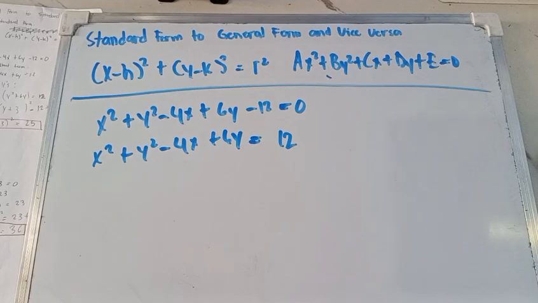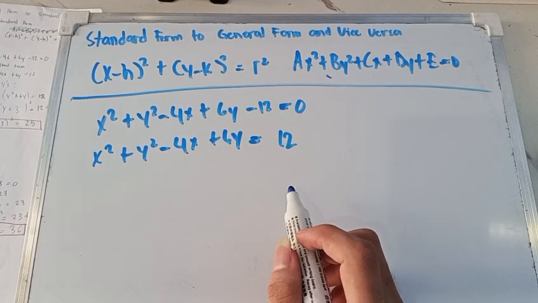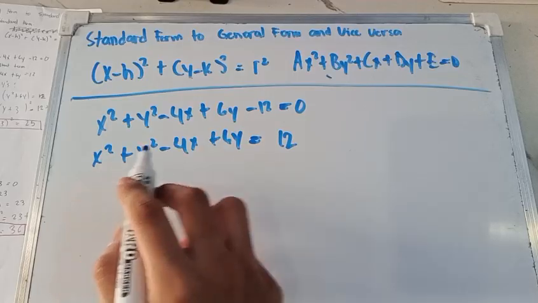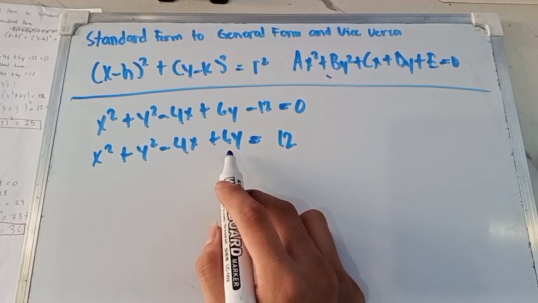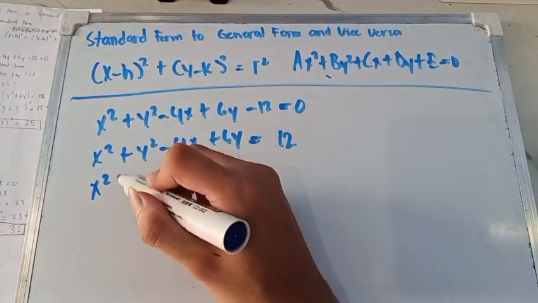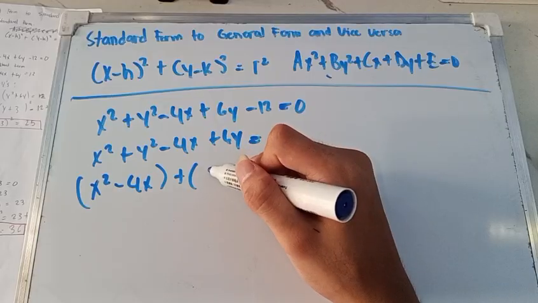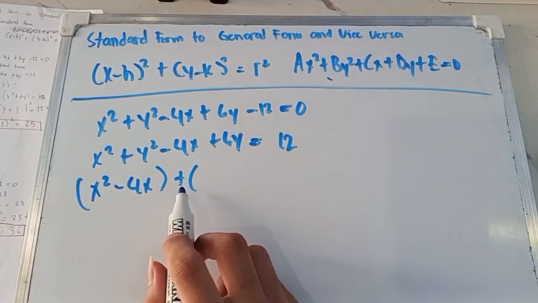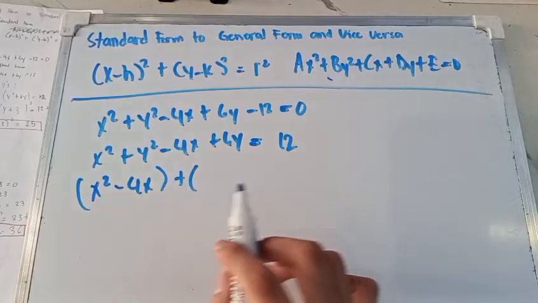So after that, we will group this by x and by y. So what do I mean by that? So x squared and negative 4x is a pair, and y squared and 6y is a pair also. So we put an addition operation here because they are different terms.